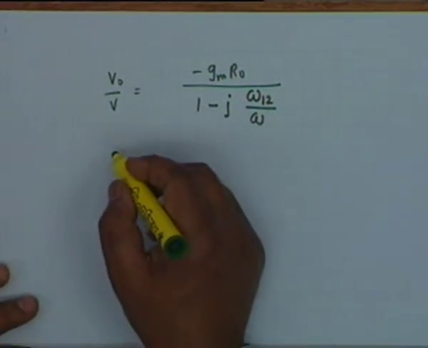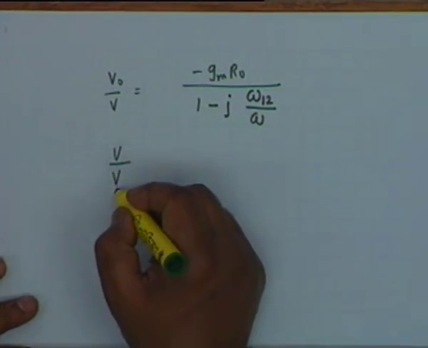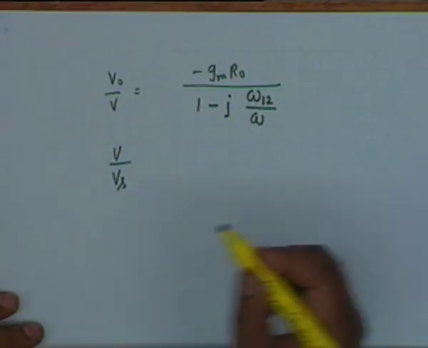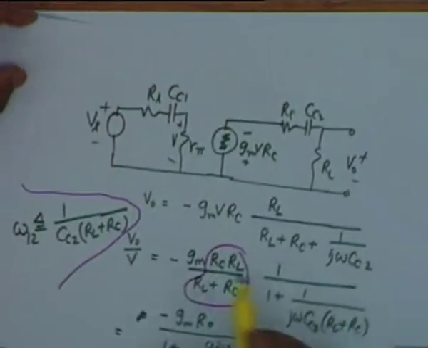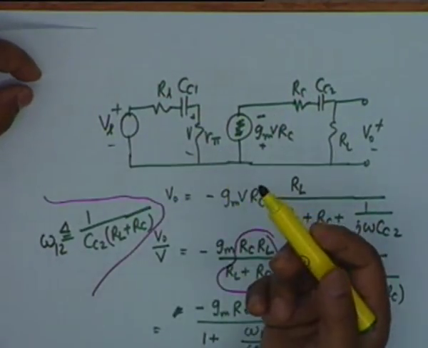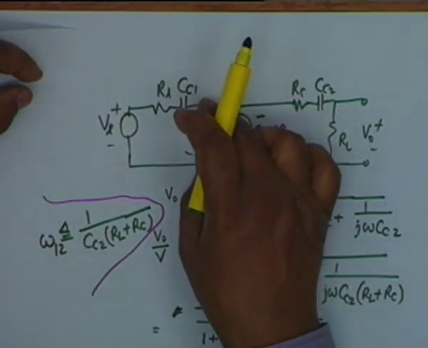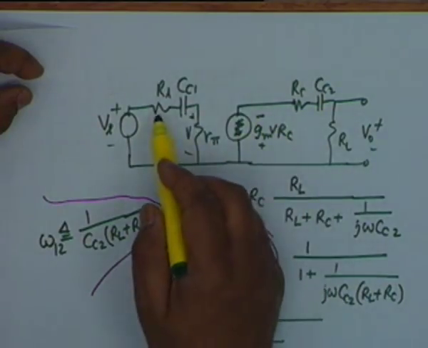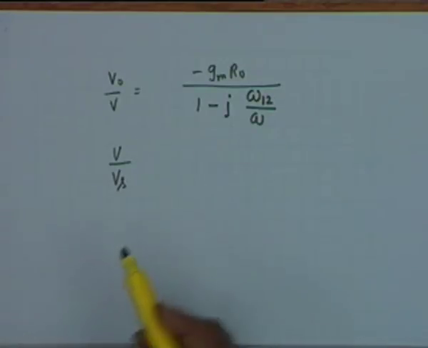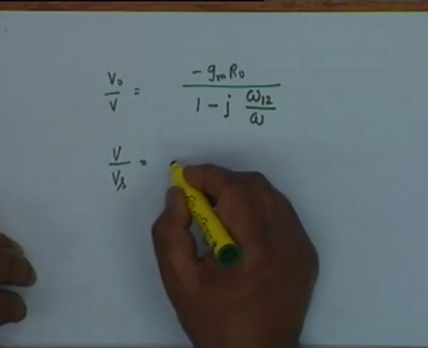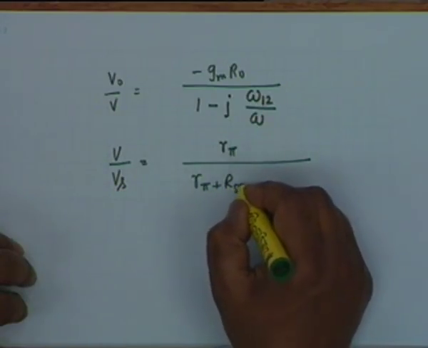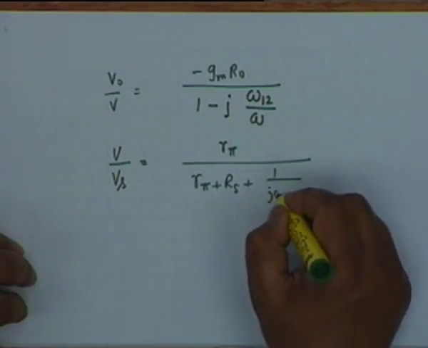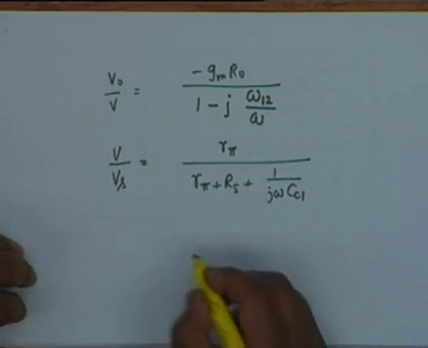We have, however, a task of finding V by Vs, and if you notice the circuit as I had drawn earlier, V by Vs is simply a potential division between R pi and Rs and Cc1, and therefore I can also write that down by inspection, that is R pi divided by R pi plus Rs plus 1 over j omega Cc1.